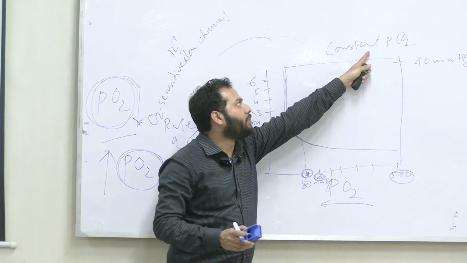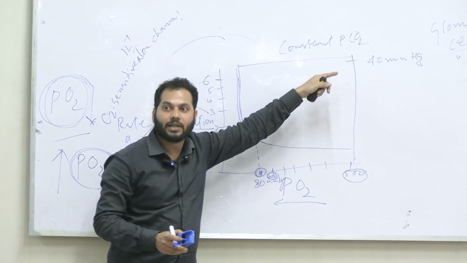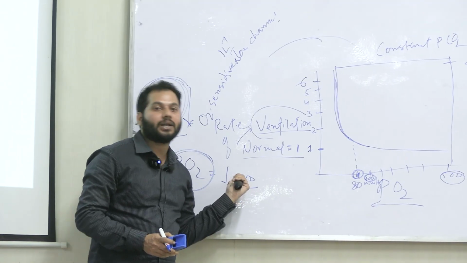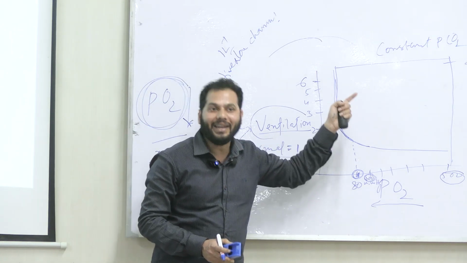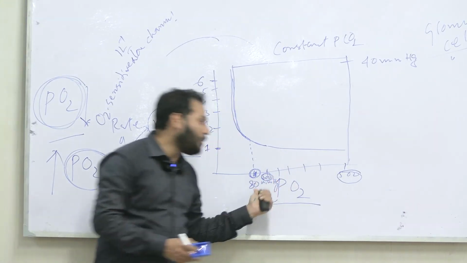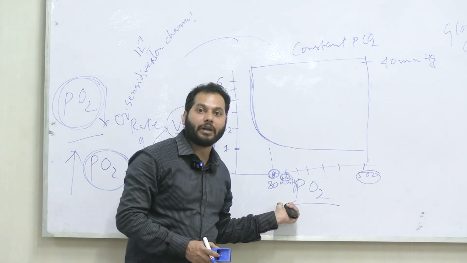However, partial pressure of carbon dioxide is constant, right? That means to improve the concentration of oxygen, the rate of ventilation needs to increase, and rate of ventilation only increases once the pressure reaches less than 100 millimeter mercury.